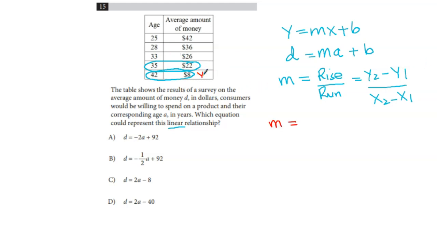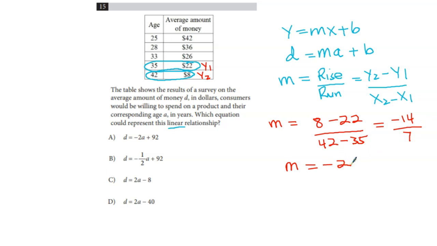So we are starting from here, so this is y2, this is y1, so we get 8 minus 22. The minus is coming from the formula, and since we picked the 8, the corresponding is 42, so 42 take away 35, and this will give you negative 14, and here will be 7, so the slope will be negative 2.